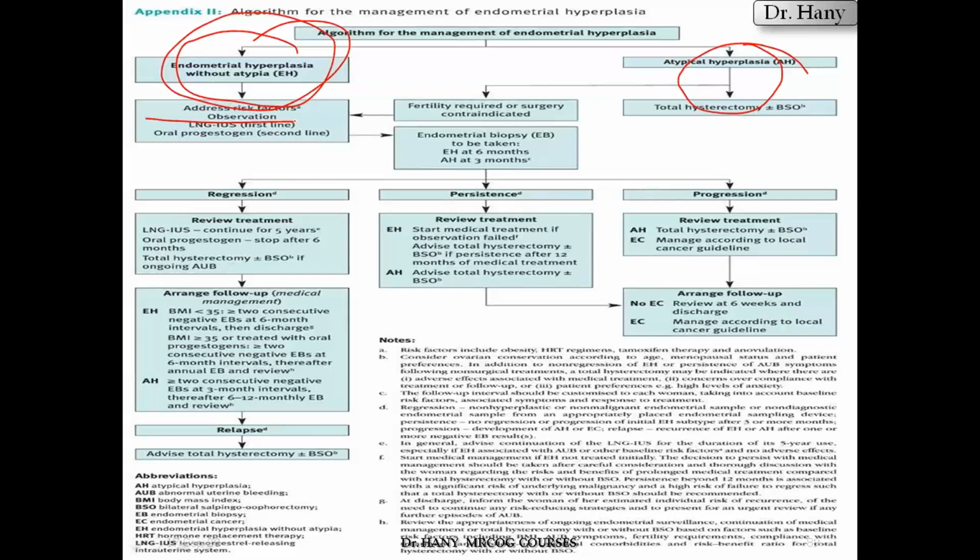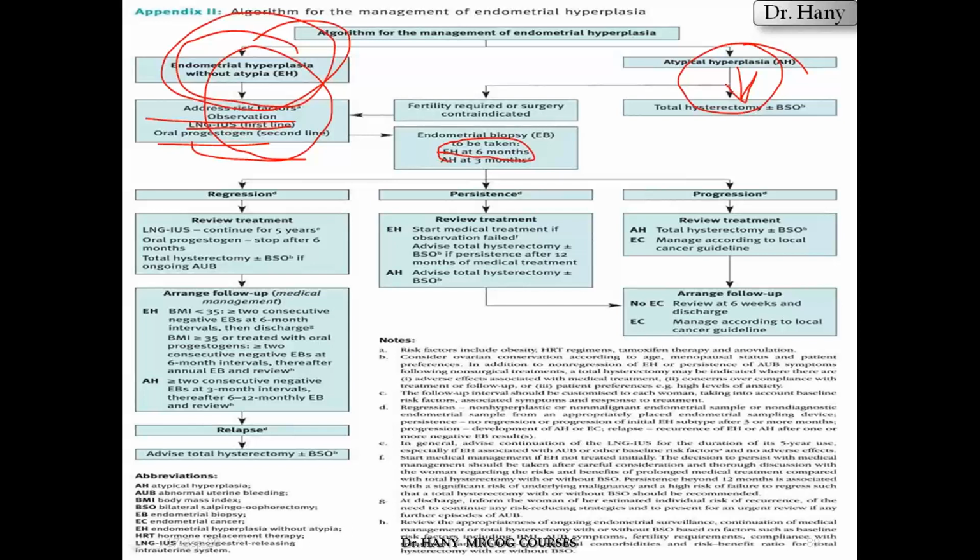So observation or treatment: the first line is Mirena and the second line is oral progesterone. If the woman got this treatment for endometrial hyperplasia without atypia, you will follow up with endometrial biopsy every 6 months.